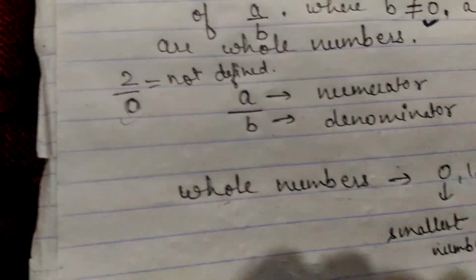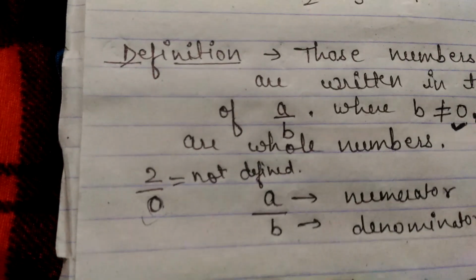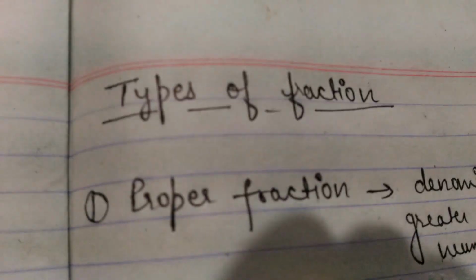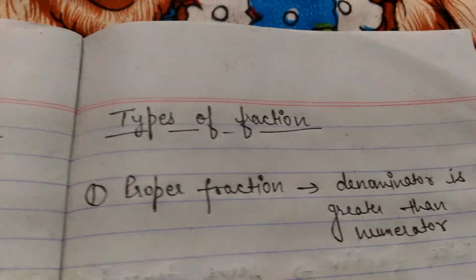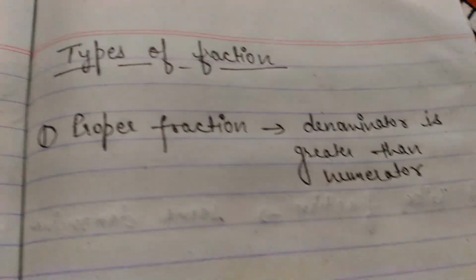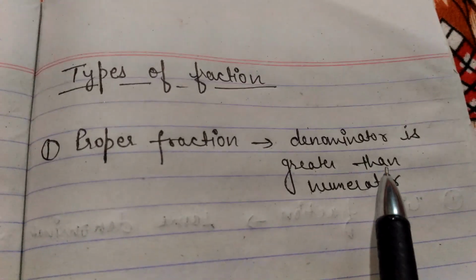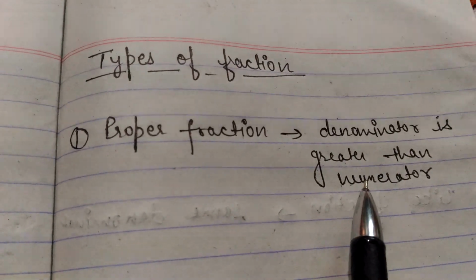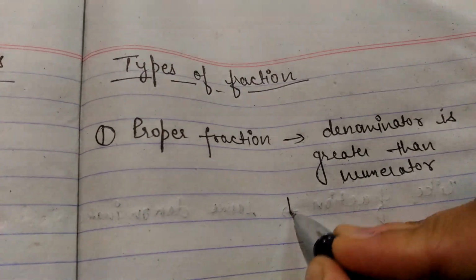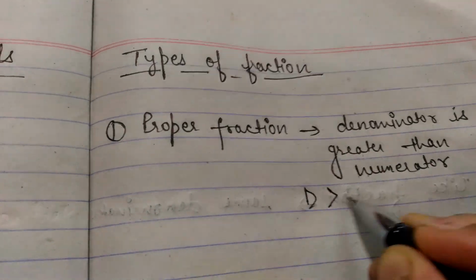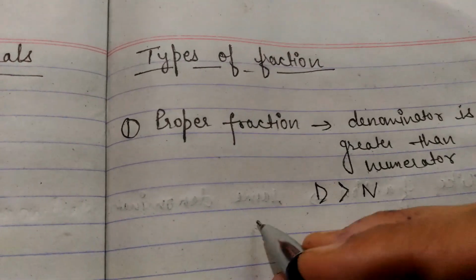There are many types of fractions. First, proper fractions. In a proper fraction, the denominator is greater than the numerator.